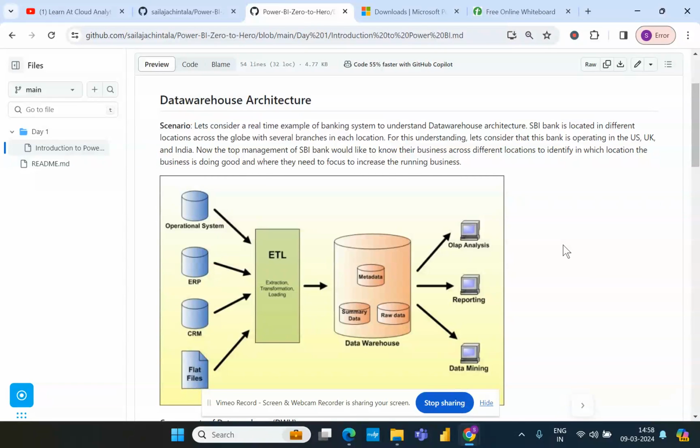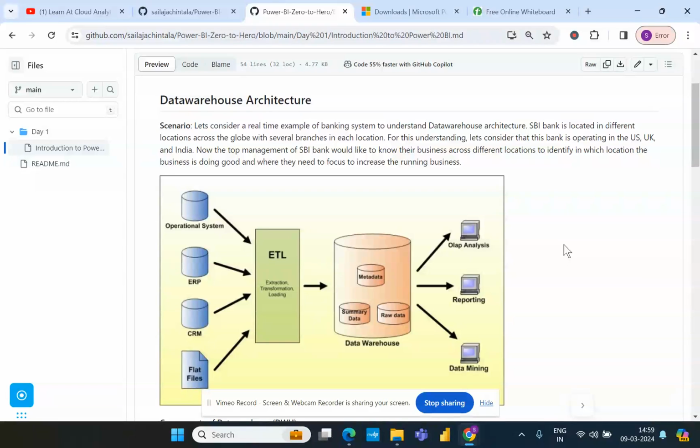So we've got the SBI Bank located in these three different locations, and whatever the transactions that are happening in those respective banks, the top management would like to analyze how the business is performing across the globe. Now, this sort of an analysis is quite difficult without use of any technology or without the use of IT incorporated into the system.